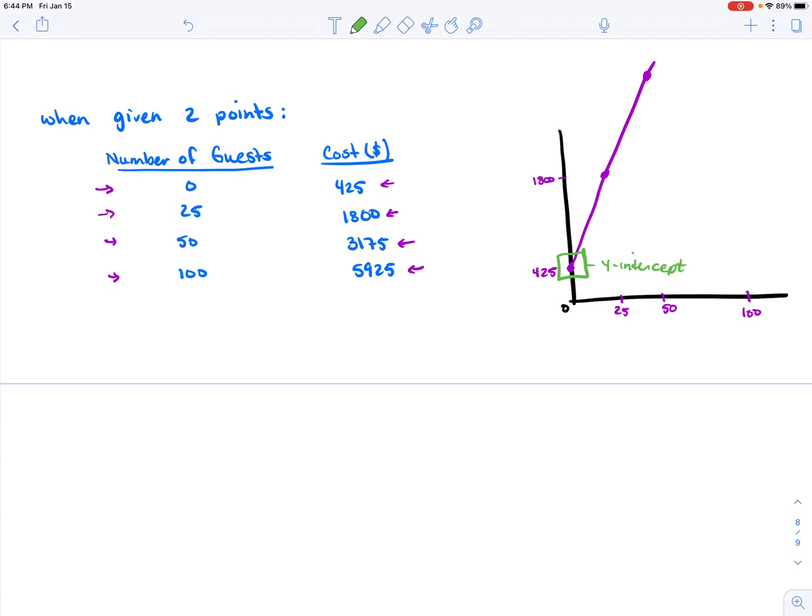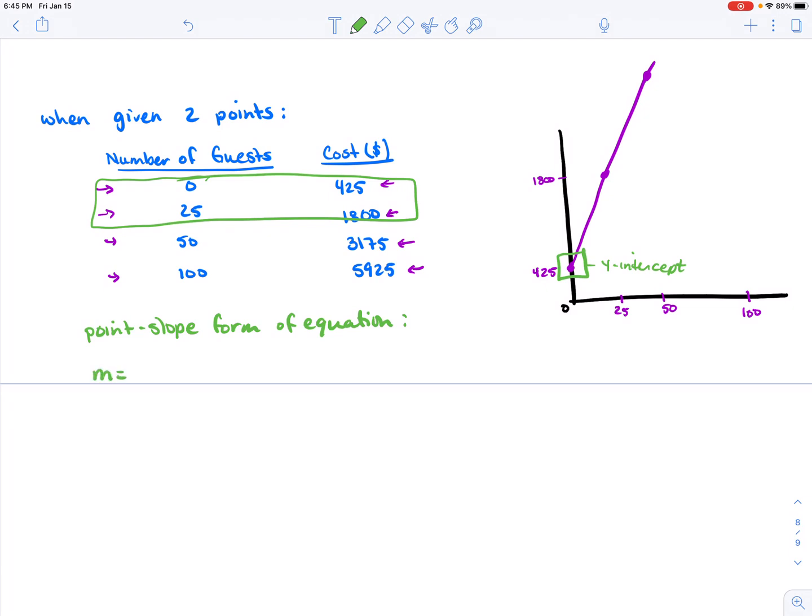First we're going to put this into point-slope form of an equation, because we can use 2 sets of points. We're going to use the first 2 to make it a little bit easier. The first thing we need to do is find our slope. So what is our slope?